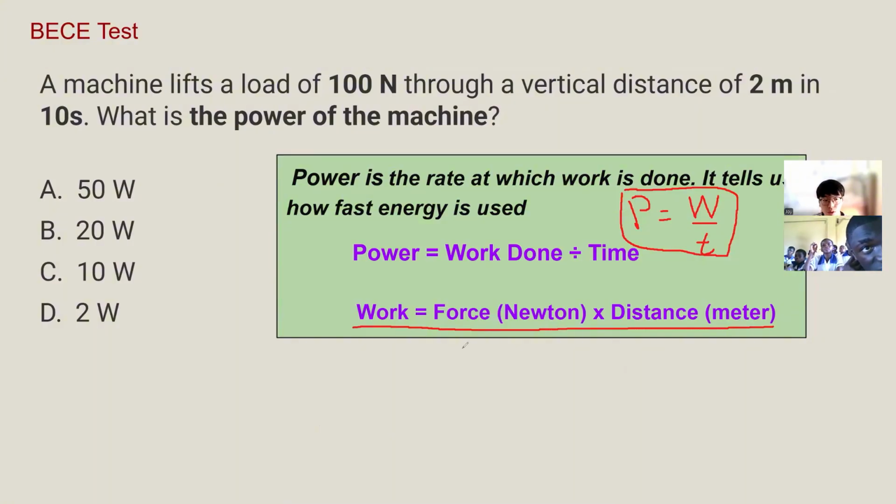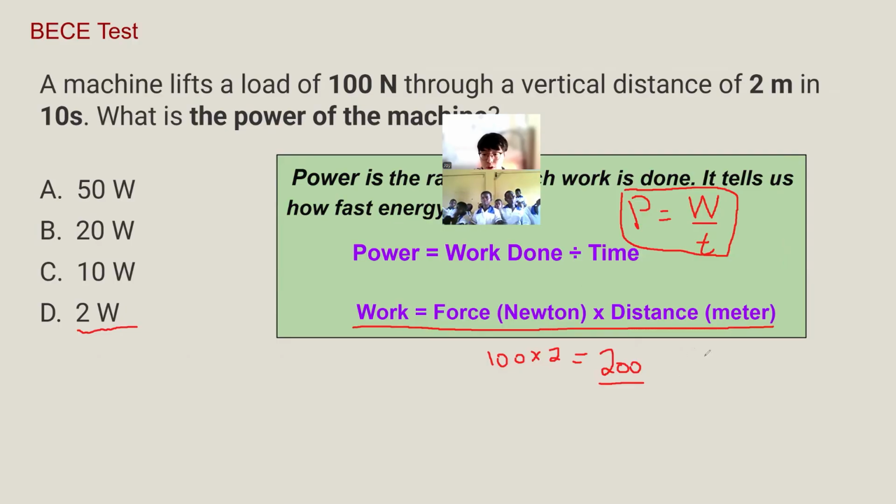If you have force times distance, you get 100 times 2, which gets 200 of work, right? But if you said 2 watts, then I think it might be a little too less, right? Because work is 200 that was done. So what is 200 over 10 seconds here? It says 10 seconds as time.